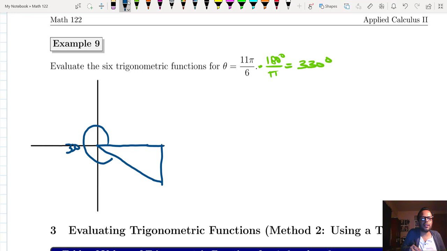This is 330 degrees. That's a very huge rotation, and the angle that gives rise to it is, well, what's the difference between 330 and 360? That's just 30 degrees, right?